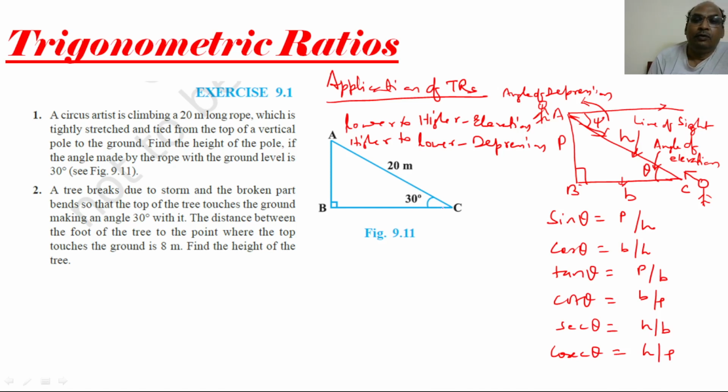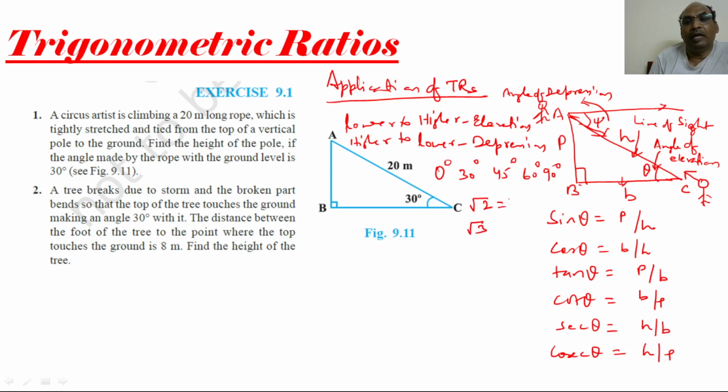Simultaneously, we know that in our trigonometric ratio table, where we found sine theta, cos theta, tan theta, cot theta, secant theta and cosecant theta for various angles like 0 degree, 30 degree, 45 degree, 60 degree and 90 degree, we used root 2 and root 3.